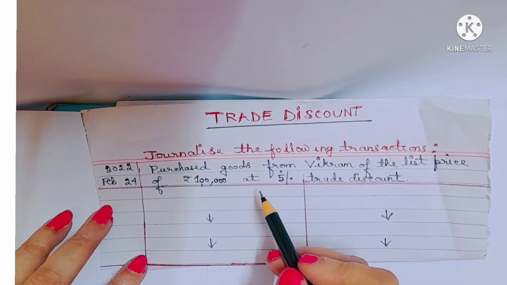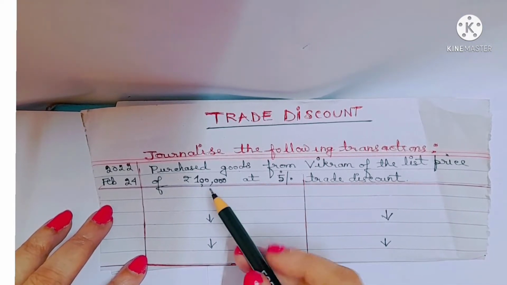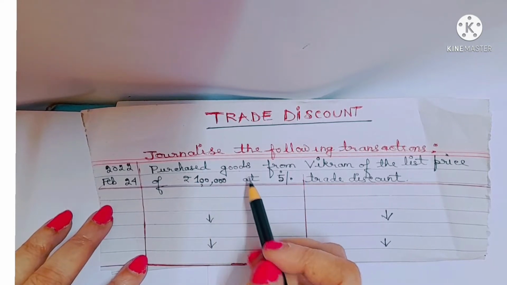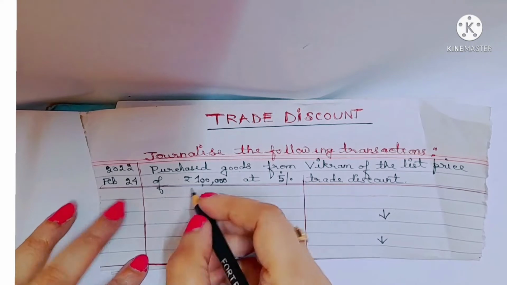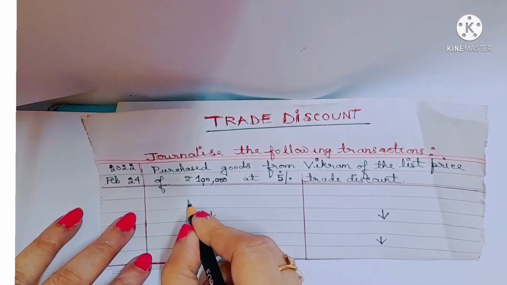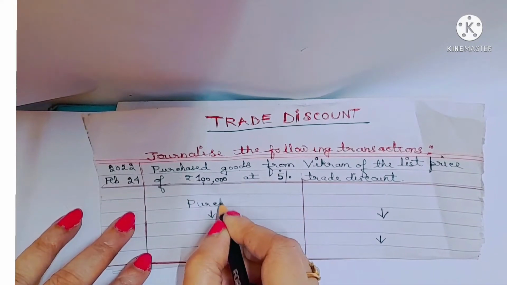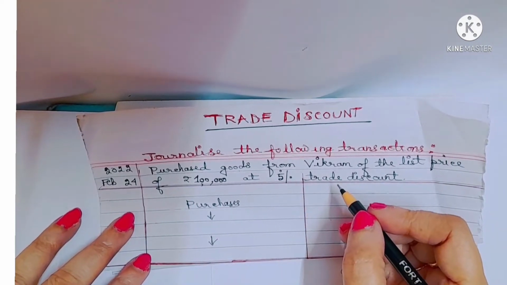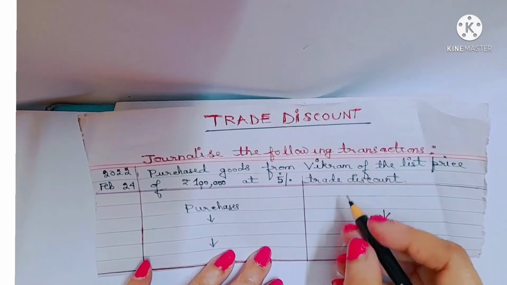So what are the two accounts? Let us identify. One is purchases account. Goods won't appear here. We have to ignore goods. From Vikram. Vikram is another account.